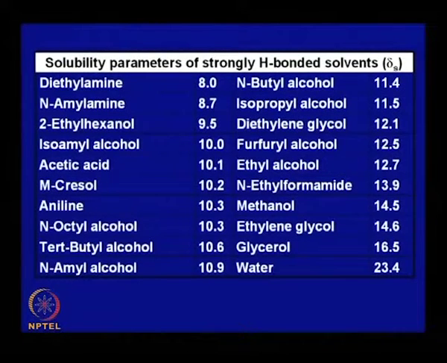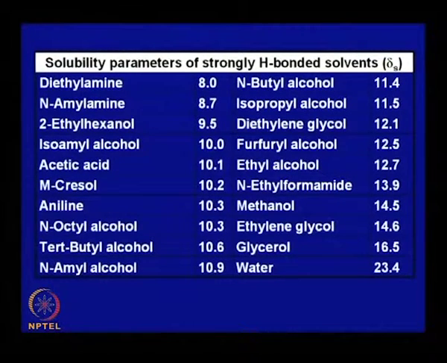That means, if the chemical nature of the two components, say solute and the solvent, are close, then they can be miscible and one can act as the solvent for the other. That can be calculated, or from the chemical nature point of view, one can see it in terms of cohesive energy density or solubility parameter values.